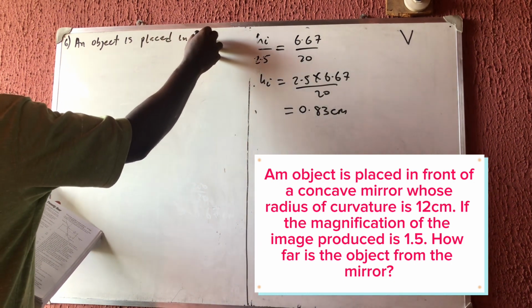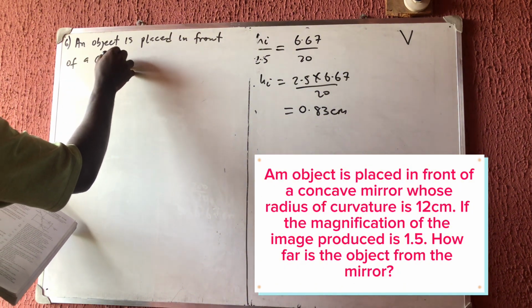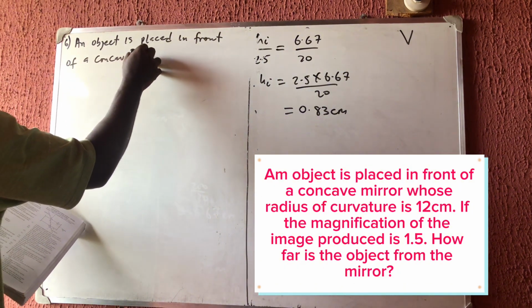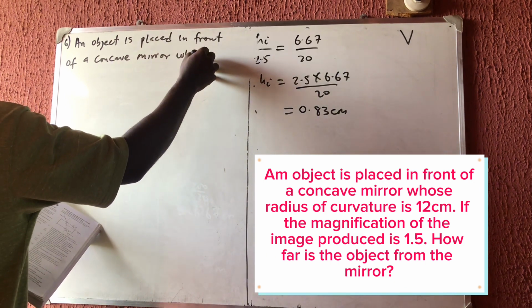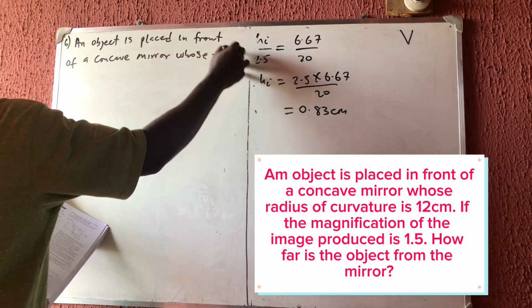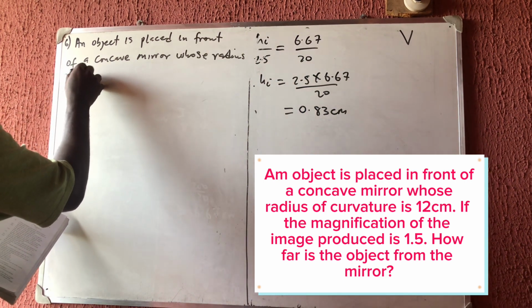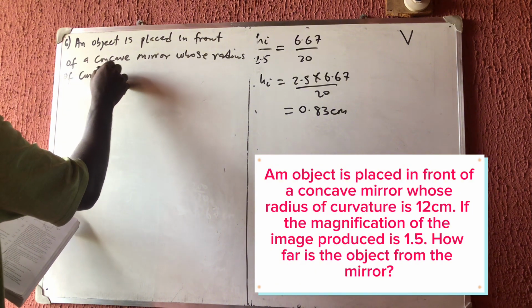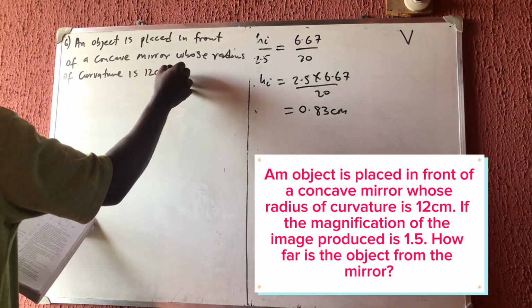For question number 6, we now have that an object is placed in front of a concave mirror whose radius of curvature is 12 cm.